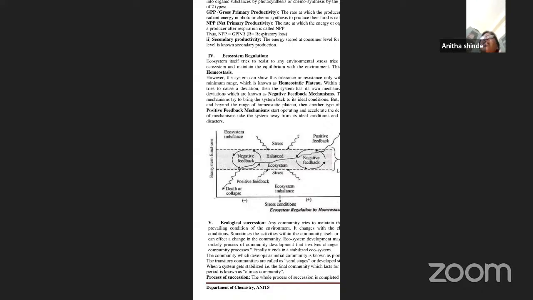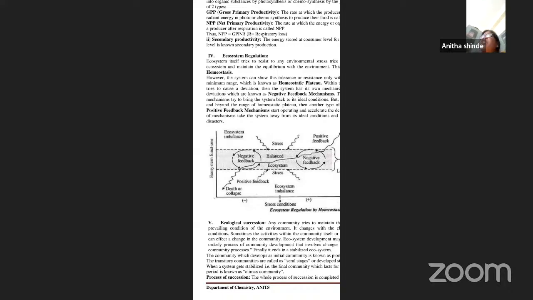So what do we mean by ecological succession here? Just now we have seen that there should always be a homeostatic balance between the biotic and the abiotic community in the ecosystem. If it deviates, you need to undergo either the negative feedback or the positive feedback mechanism. But any community will try to maintain itself only up to a certain level.